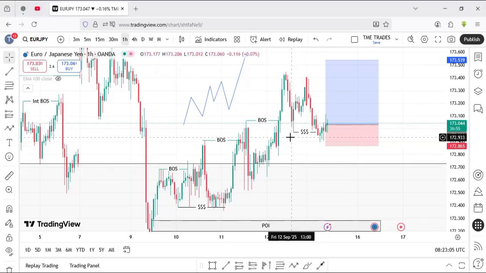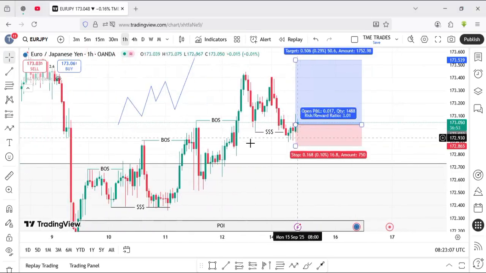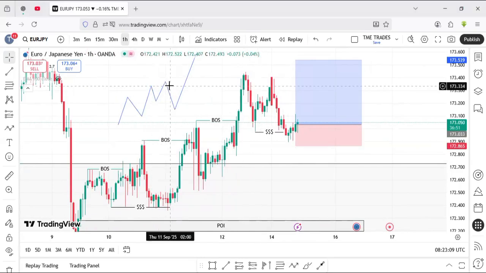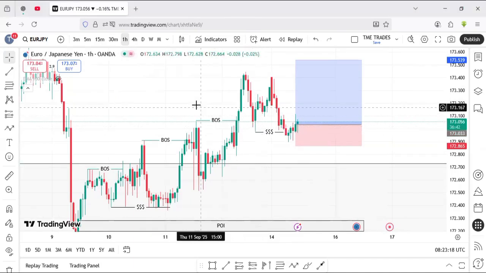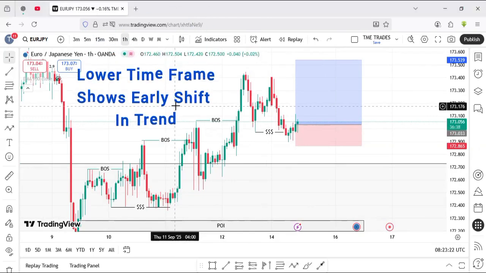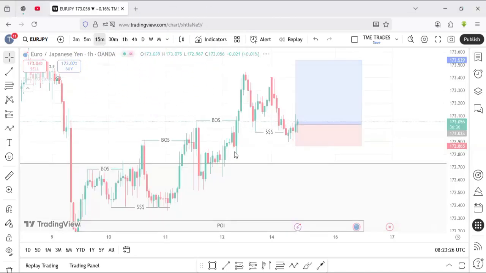Now, when this happened, we moved down to lower time frame. Always have in mind, whenever your liquidity is swept, go down to lower time frame to wait for change of trend.